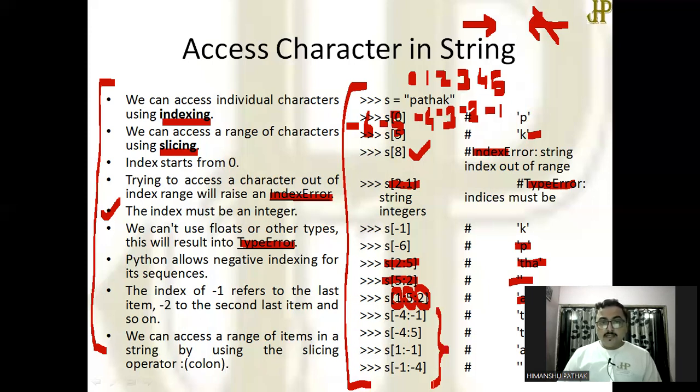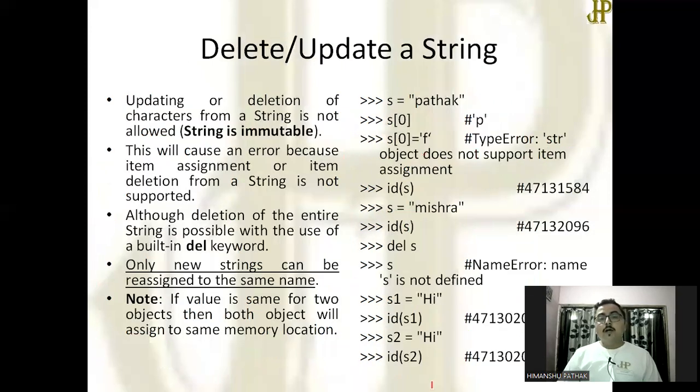So these are the values through which you can access any characters from the strings. So I think it is very clear what is indexing, what is slicing, how negative indexing can be used, and what is the use of colon. So move on further. How to delete or update a string?